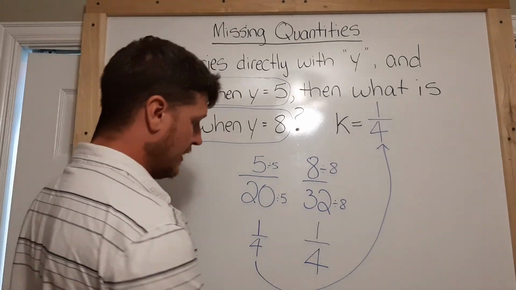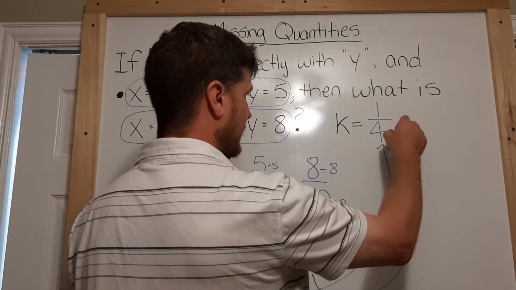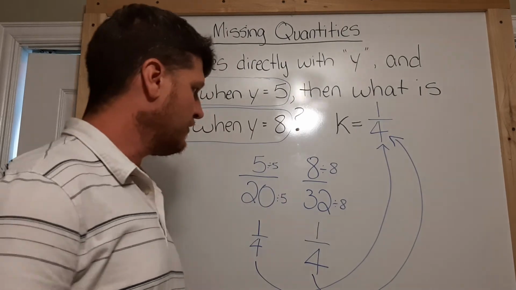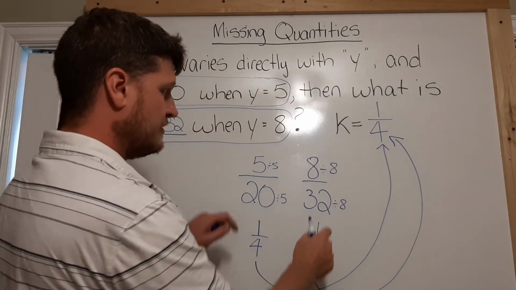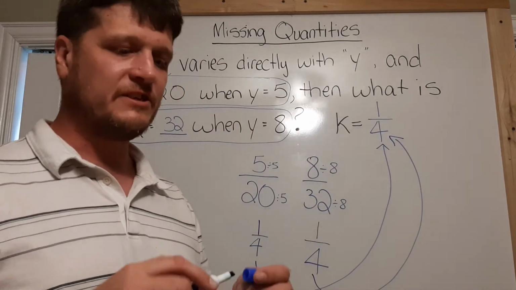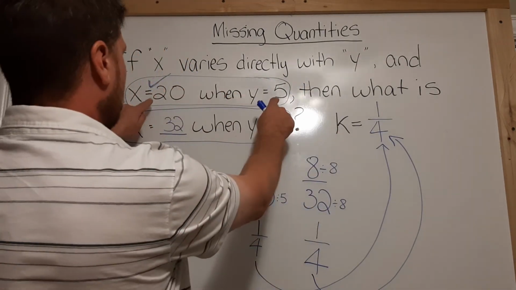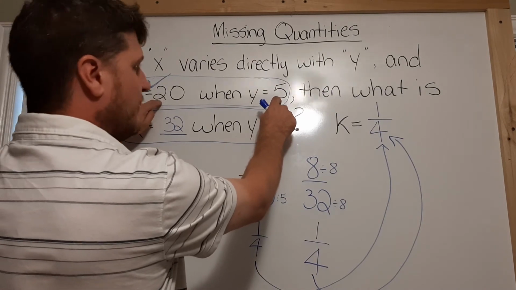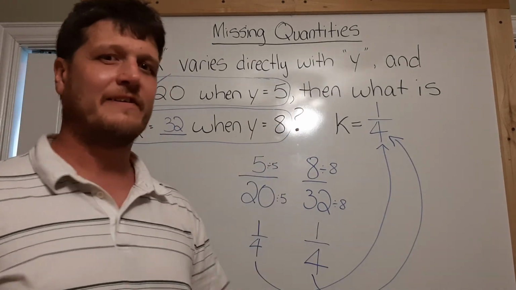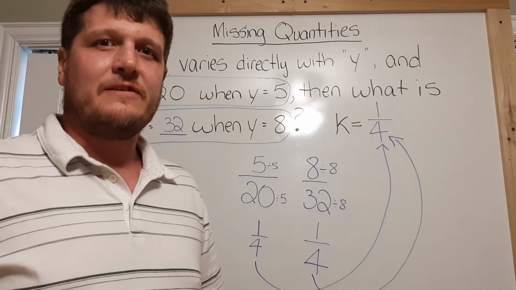Oh, look at that. Looky there. We got 1/4. Both of those constants turned out to be 1/4, what our constant actually was, what we said it was when we solved, given that we knew both of the values of the variables. We did the problem right.